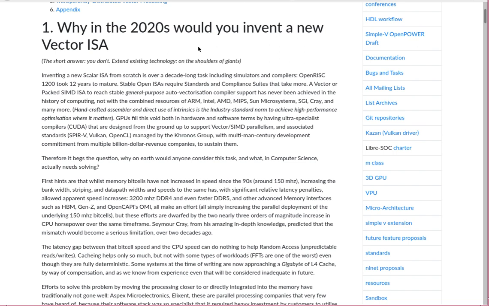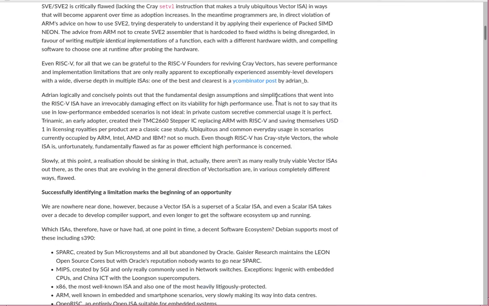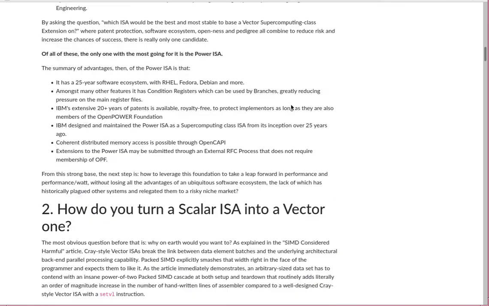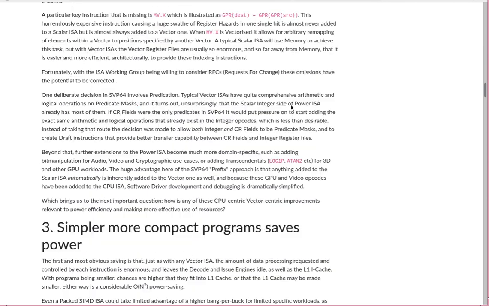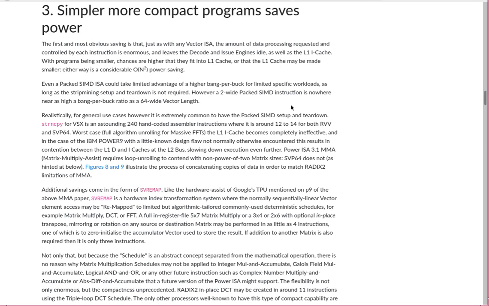But that's quite a simple thing, relatively speaking, compared to what I'm proposing here. The advantages of that approach are that you end up with much more complex programs. They save a huge amount of power.